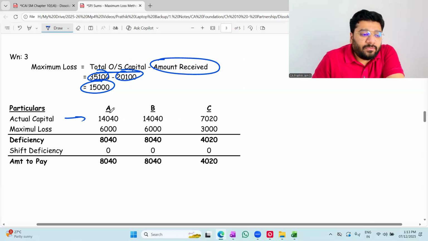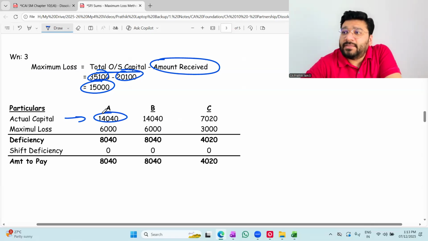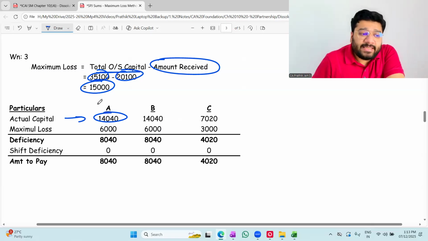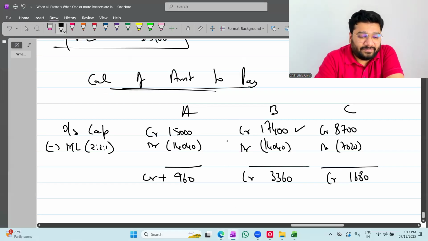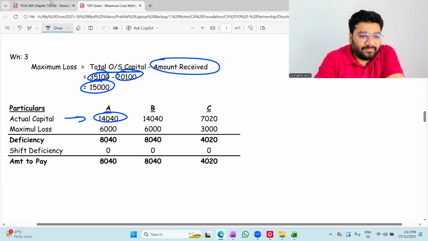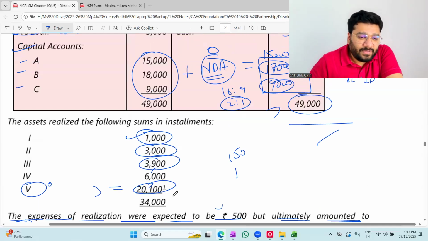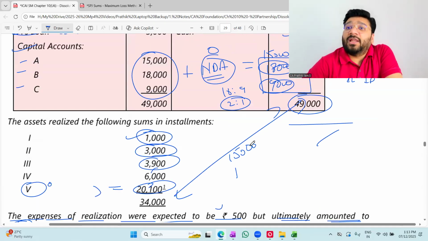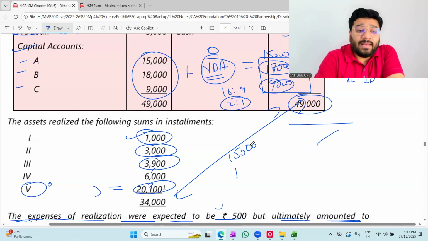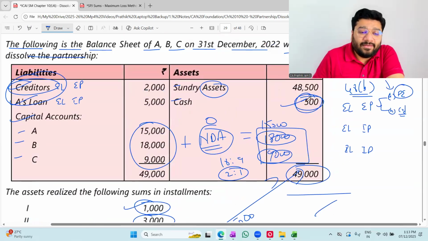Now actual capital 14,040. This is exactly matching somewhere with the loss. You saw? Exact difference is 15,000. So realization expense 500 not recorded. Realization expenses you paid from the existing 500.